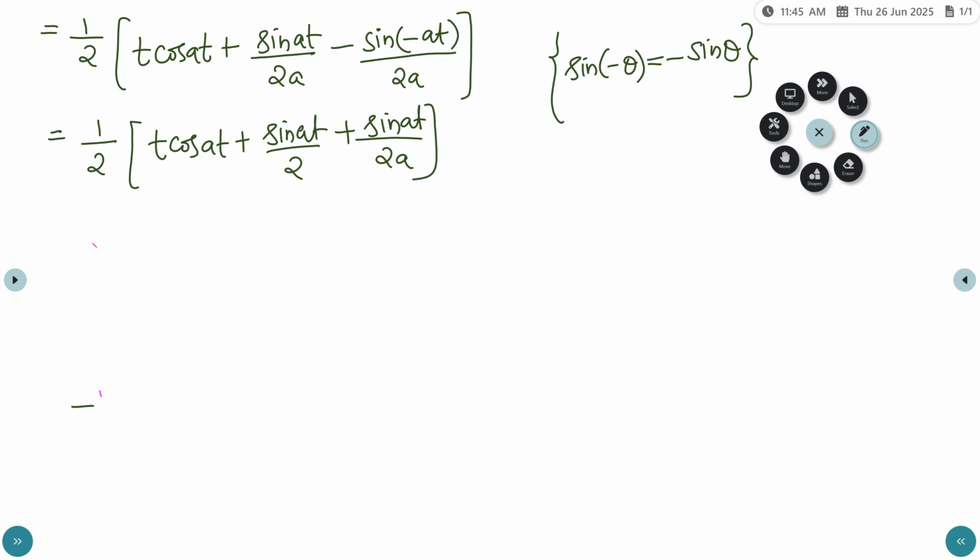Then it is equal to 1 by 2 t cos at, sin at. What is the common term? Taking LCM as 2a.